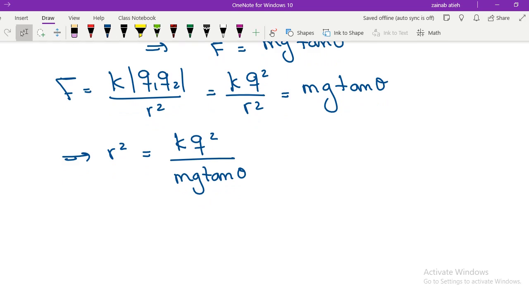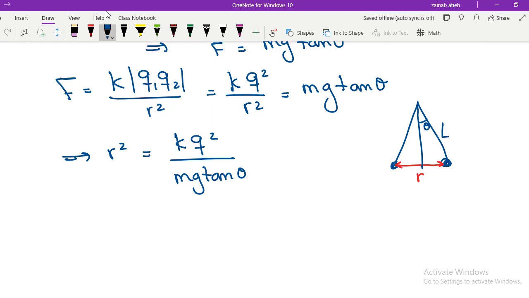Now I have to relate R to L, because there is a relation between them. I will draw the figure here. I had two identical spheres repelling each other. R is the distance between these two spheres. This is R. Theta is this angle.